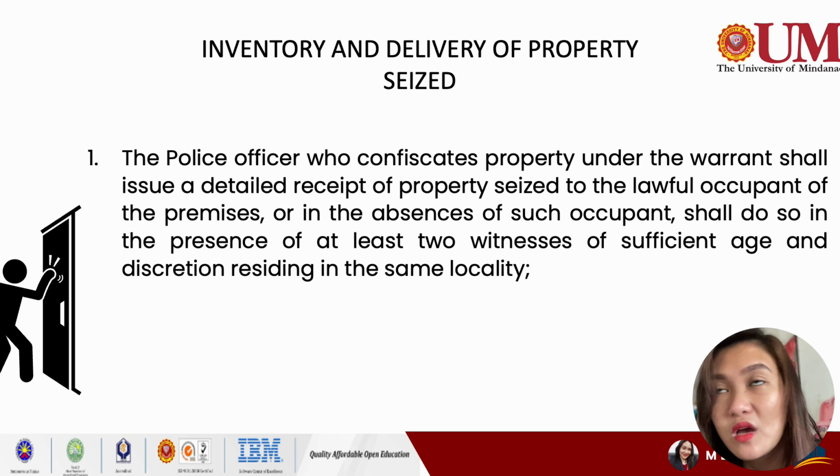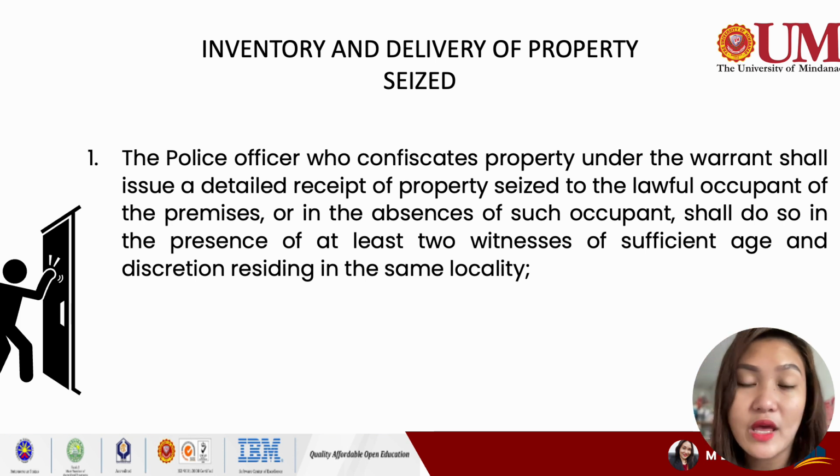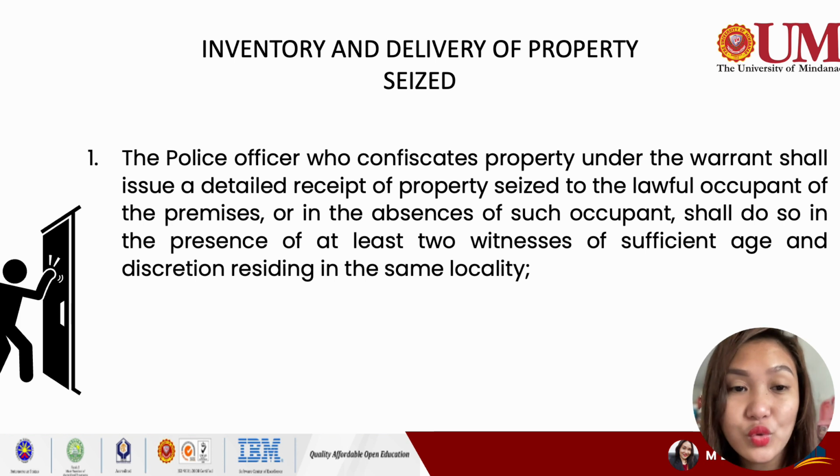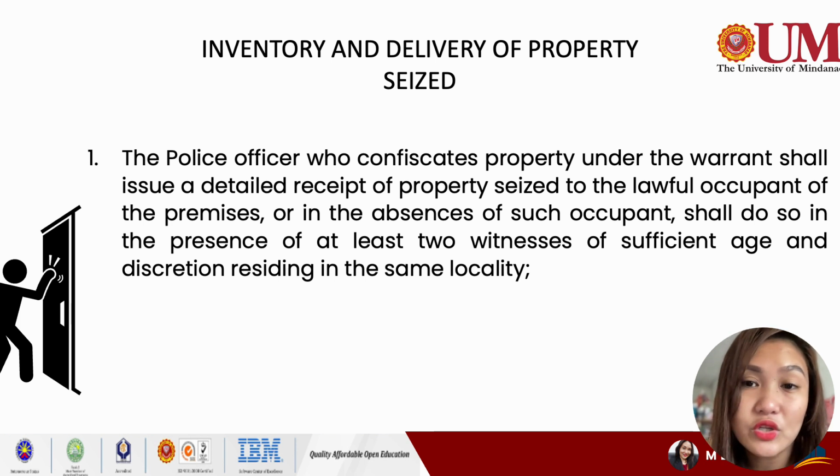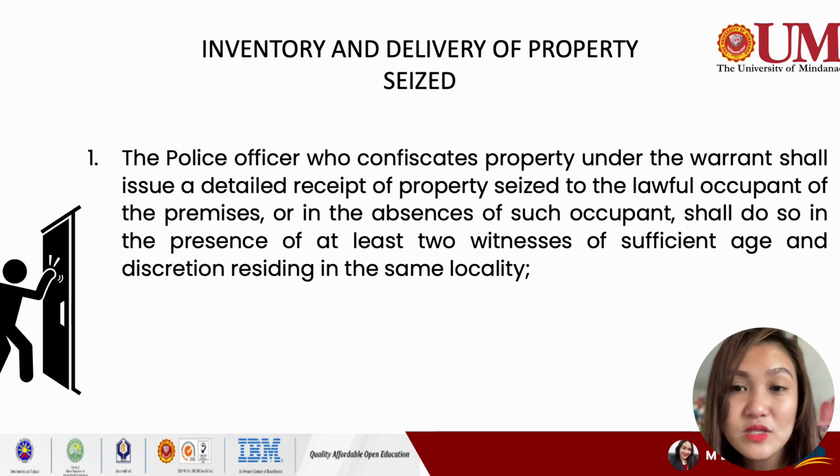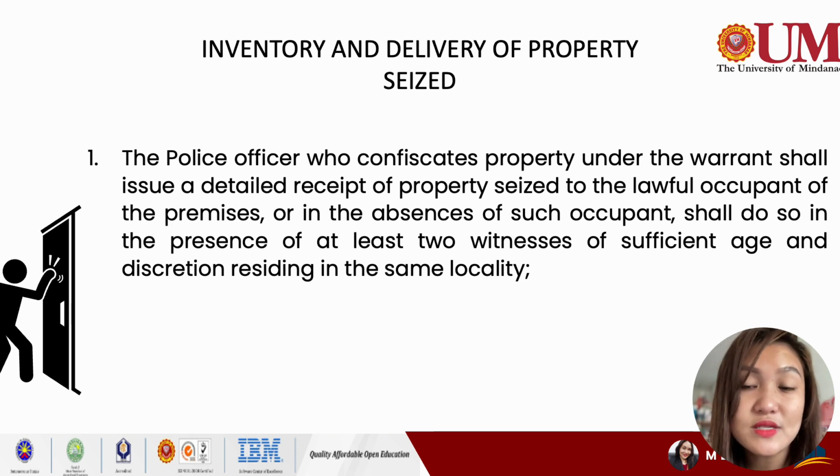So this provision can be found actually in Section 11 of Rule 126, that when a police officer confiscates property under a search warrant, they must really provide that detailed receipt to the lawful occupant of the premises, or if the lawful occupant is absent, then at least those 2 witnesses from the same locality.